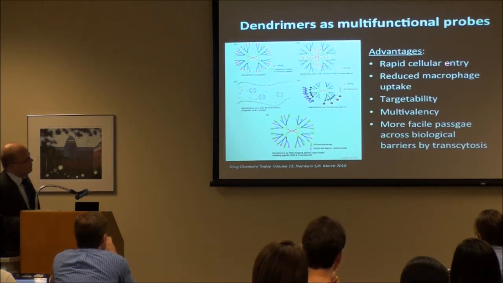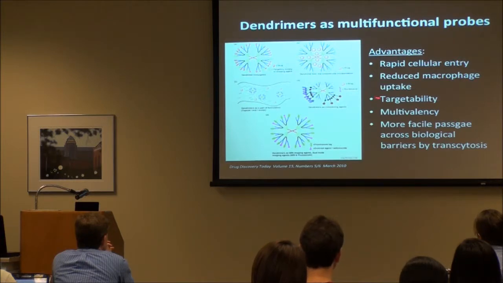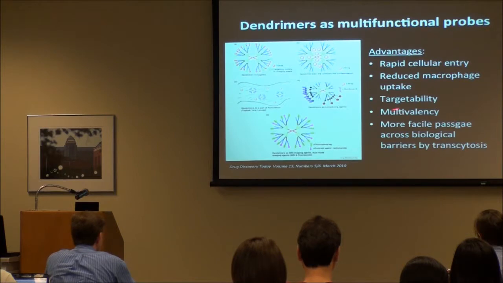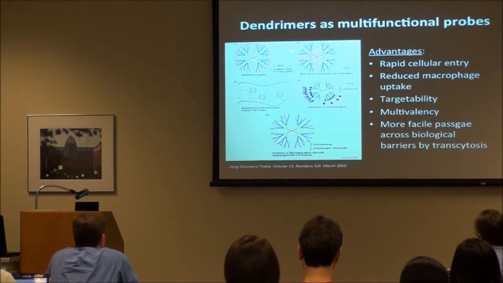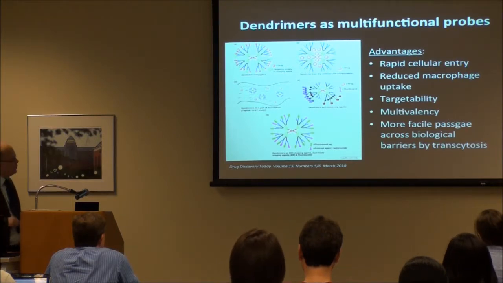For example, they have very rapid cellular entry and reduced macrophage uptake. It's very easy to put targets on those branches. They are multivalent, so we can add multiple targets and multiple labels on the dendrimers. And they also have better passage through biological barriers by transcytosis.